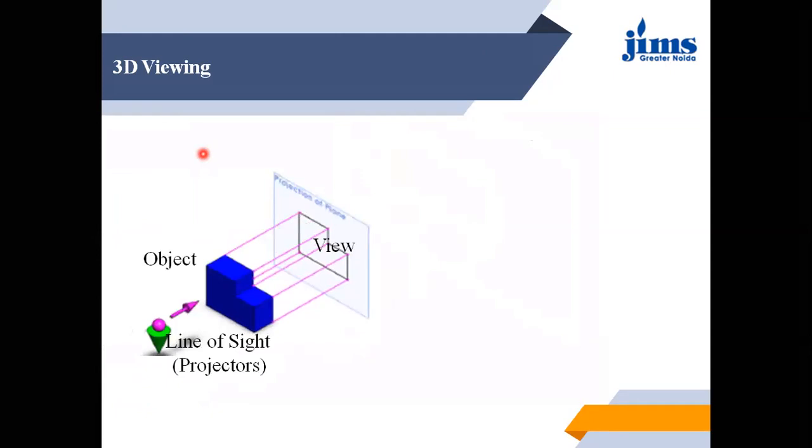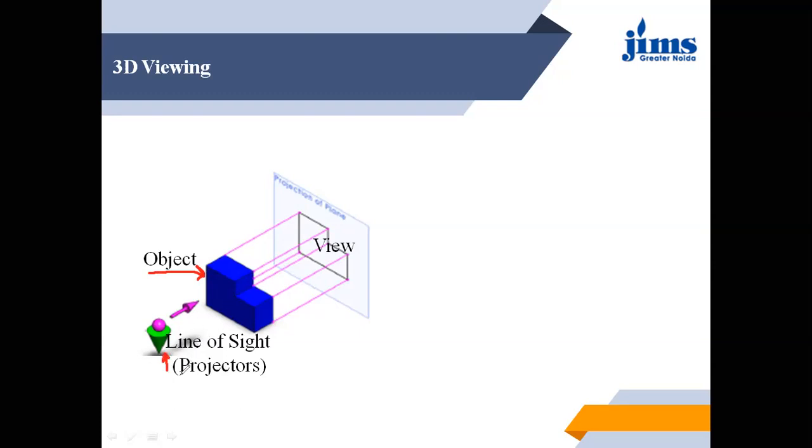Now, how can we see the image of an object? There are two different ways for that. Suppose this is an object, and from here we want to see the image of this object.